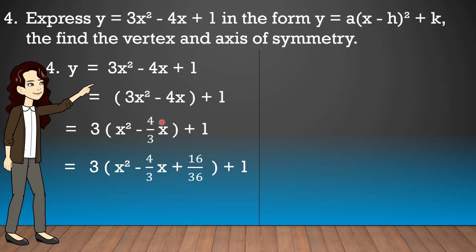Let's write here, 4 over 3 times 1 half is equal to 4 over 6. Yes. And 4 over 6 times 4 over 6 is equal to 16 over 36. So this is 16 over 36.